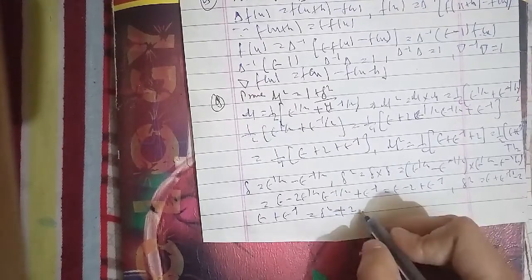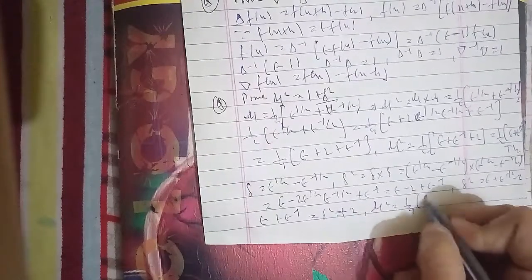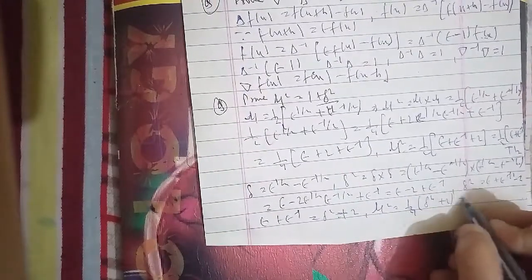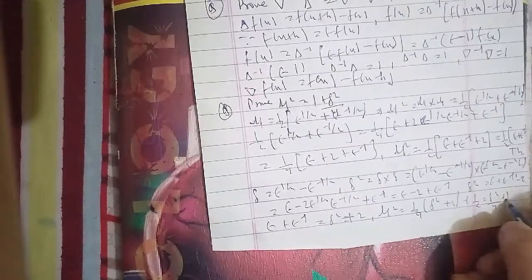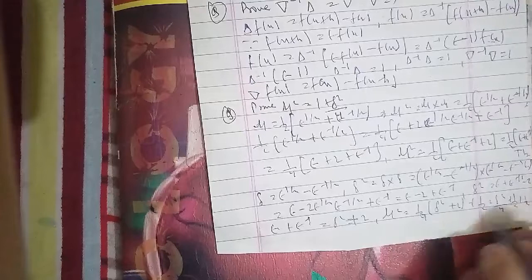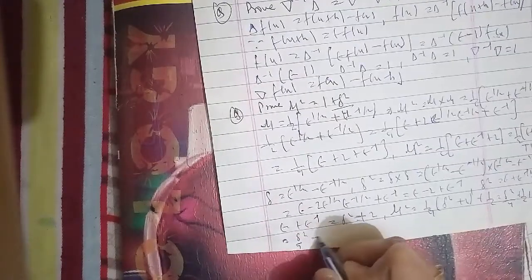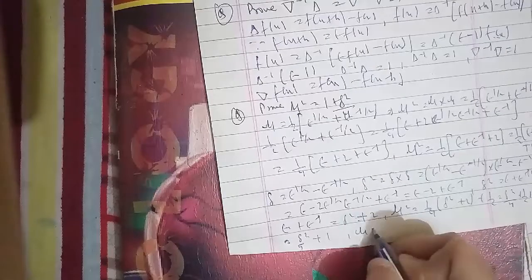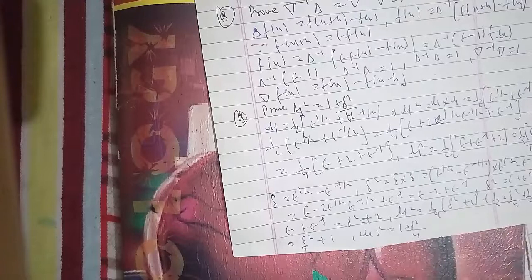Putting this value, μ² = 1/4 (δ² + 2) + 1/2 = δ²/4 + 1/2 + 1/2 = δ²/4 + 1, so μ² = 1 + δ²/4.